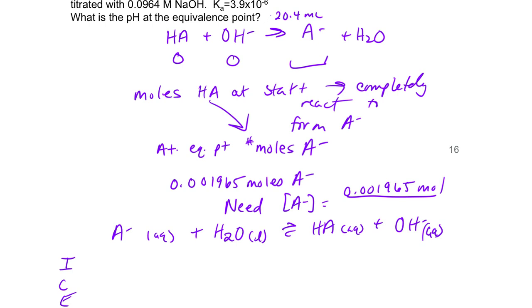And so we have a total volume of 70.4 milliliters, or 0.0704 liters. That's going in there. That gives us a concentration of 0.0279 moles per liter. Nope, 279, excuse me.